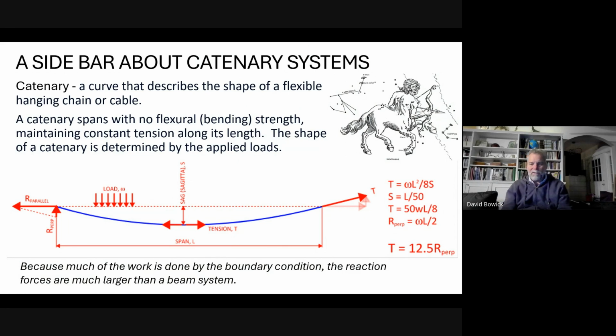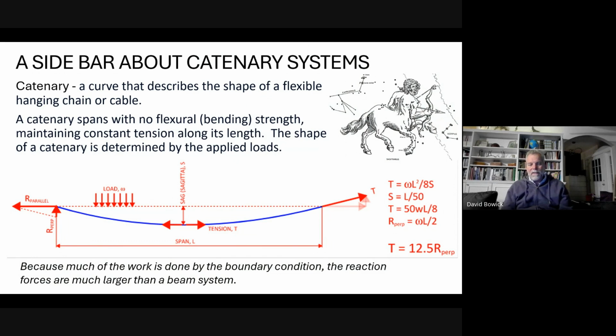Okay, I just explained this to you. I forgot I had this slide in here. So this is just a little explanation of catenary systems. A catenary system doesn't work without sag. Sag is a short form of the word sagitta, which comes from Sagittarius.